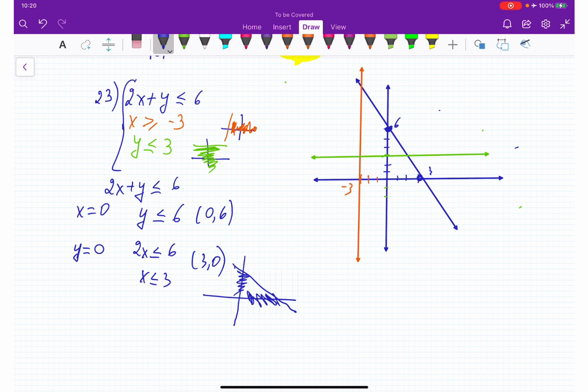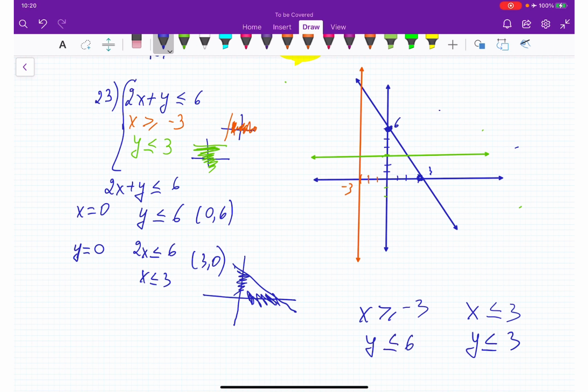X is going to be limited. I have x greater than or equal to negative 3 and x less than or equal to 3. So it's going to be limited by positive 3 and negative 3. And for y, we will also have y limited by y less than or equal to 3 and y less than or equal to 6.